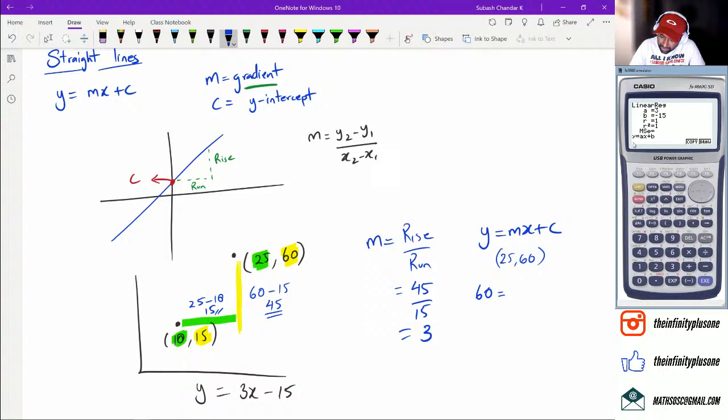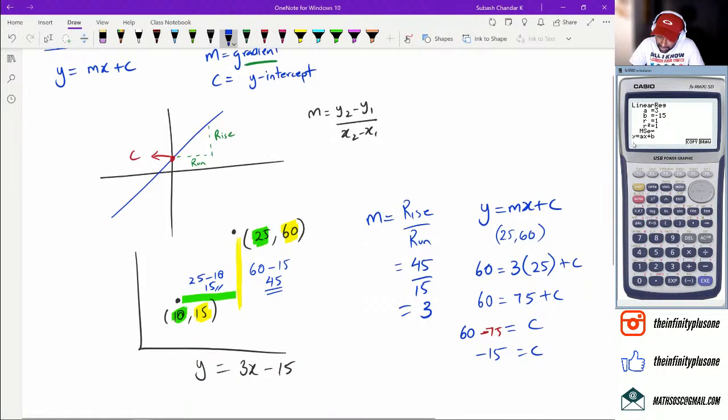So I've got 60, which is the y value, m is equal to 3, x is 25, plus c. If I rearrange this, I get 60 equals 75 plus c, and c is 60 minus 75. This gives me minus 15 equals c.